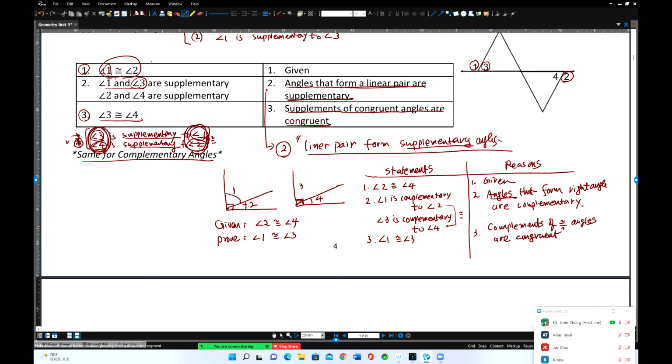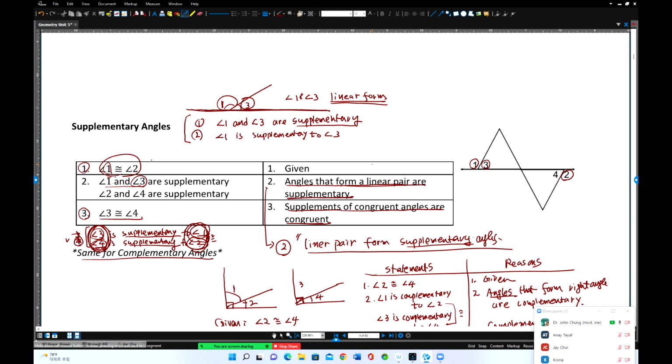This is also congruent, okay? That's the reasons. So you have to memorize all the reasons. I hope you guys okay with this, okay? There's a lot of things you have to memorize. Okay, when you have the supplementary angles, when you have a complementary angles, so what's the next step? You have to memorize this one. Then you don't have to hesitate. Okay, where to go?